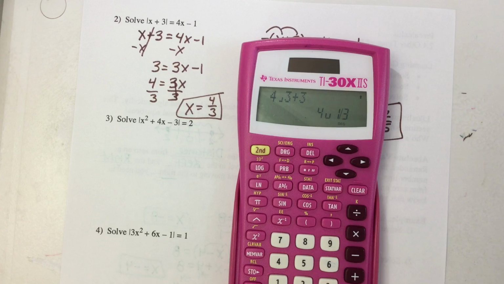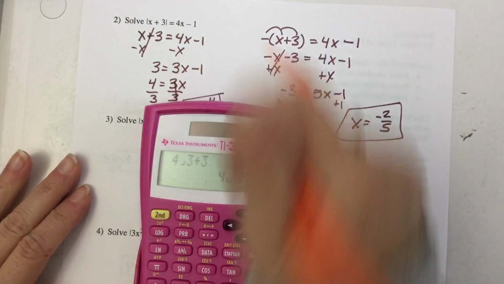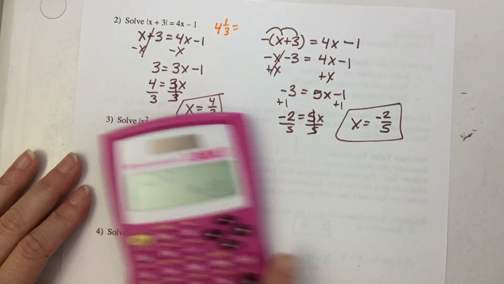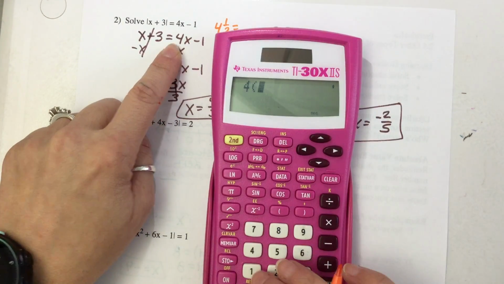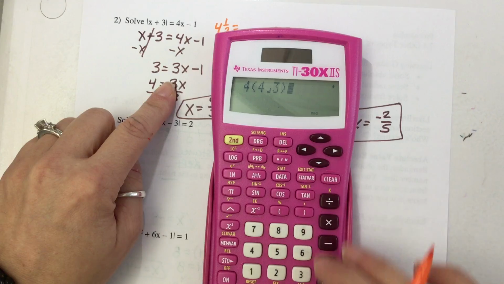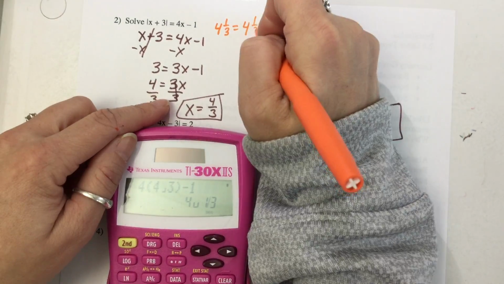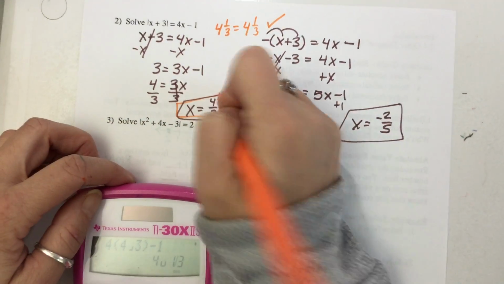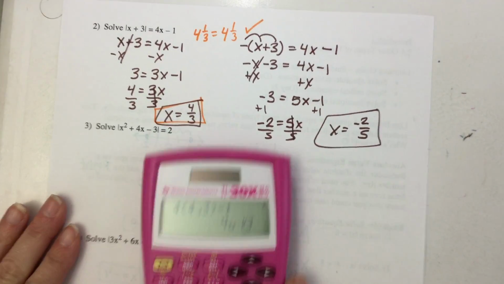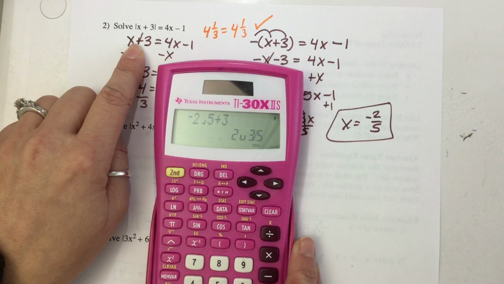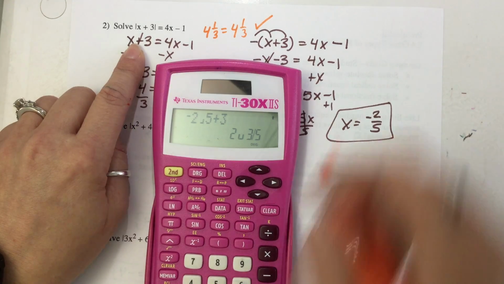The absolute value of 4 1/3, how many units is that from 0 on a number line? Well, 4 1/3. So 4 times 4/3 minus 1. 4 1/3. This checks, 4/3 is a solution, okay? Now let's go to the other one. Negative 2 over 5 plus 3 is 2 3/5.